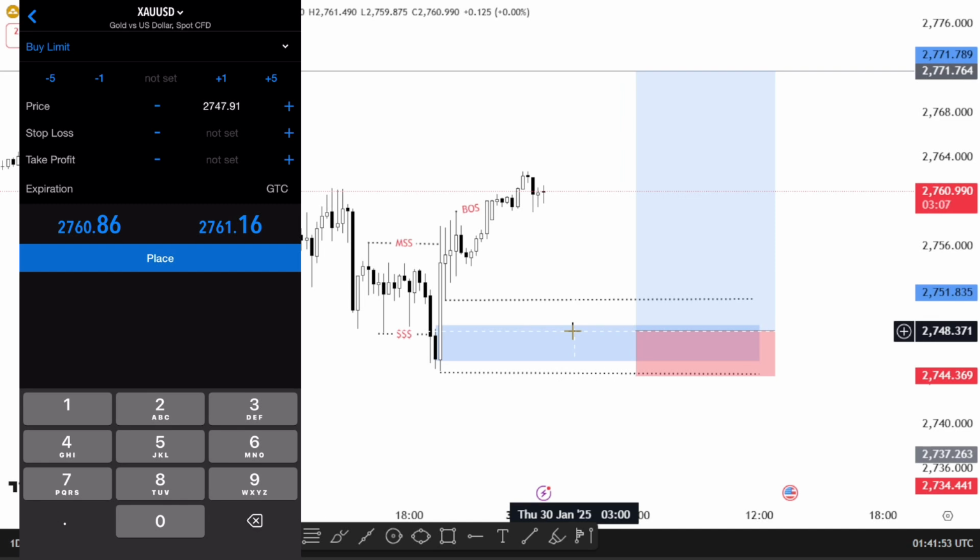Let me use 2 lots. Stop loss 2744. Let me just align there. Take profit 277.